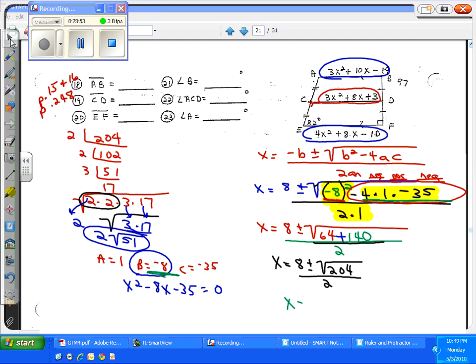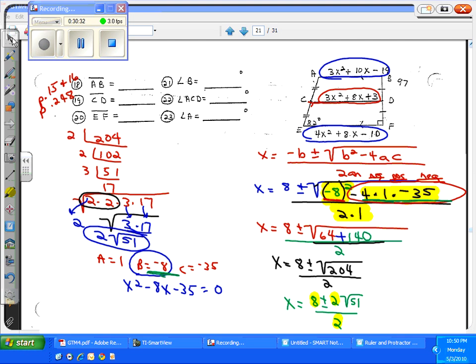And so we have x is equal to 8 plus or minus 2 square roots of 51 over 2. Nice, pretty little problem we got going here. The 8, the 2, and the 2 all have a common factor of 2.